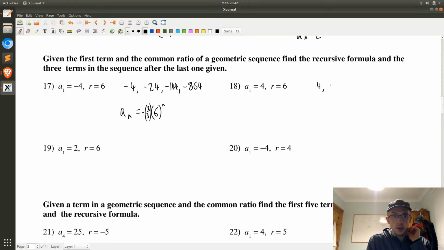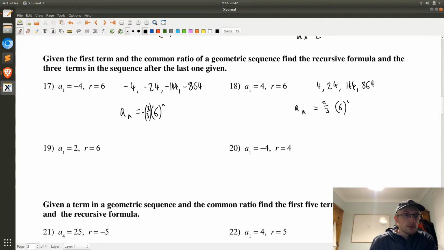This is really just the negative. So it'll be 2/3 of 6 to the n, but we should check that. So what is 2/3 of 216? Well, you divide 216 by 3 and you get 72. Times it by 2 and you get 144, so that seems to work.